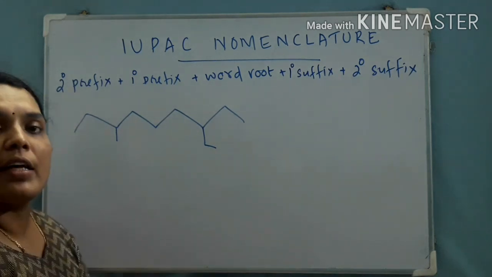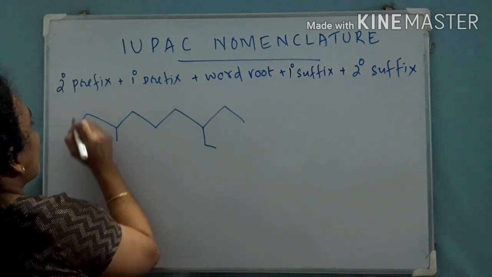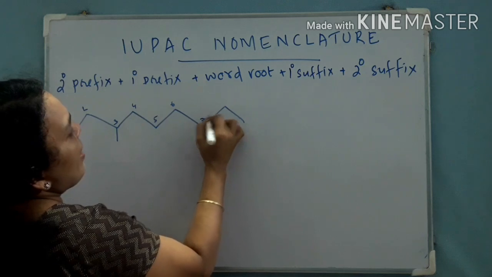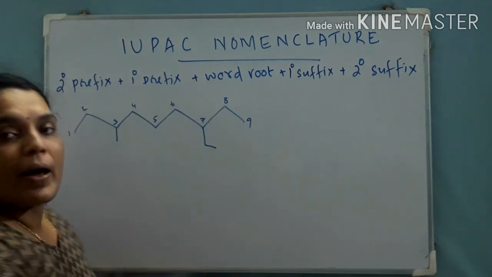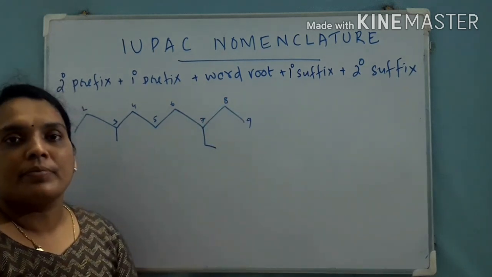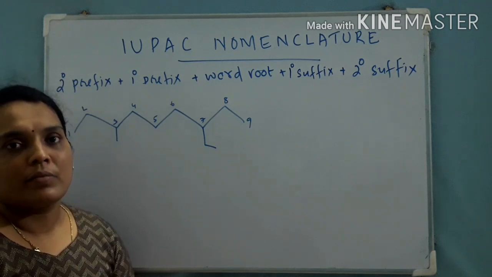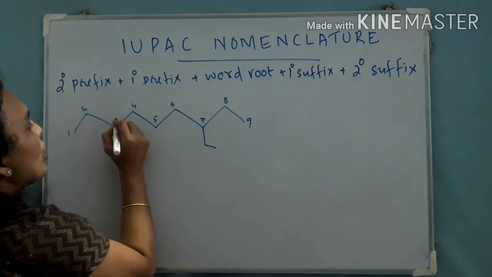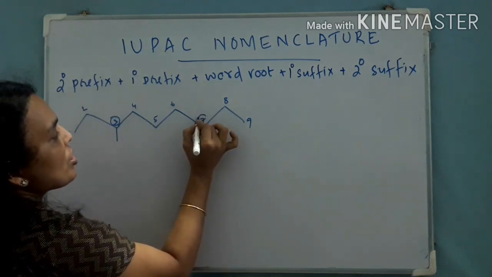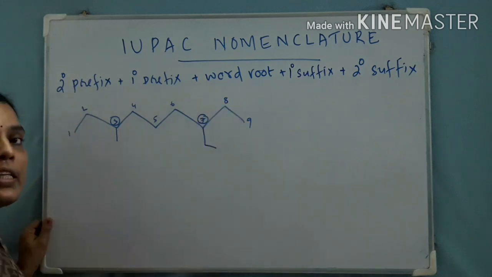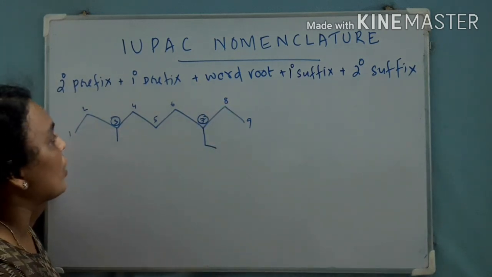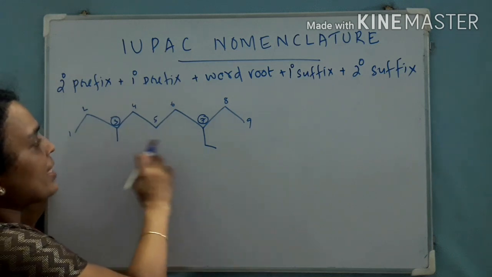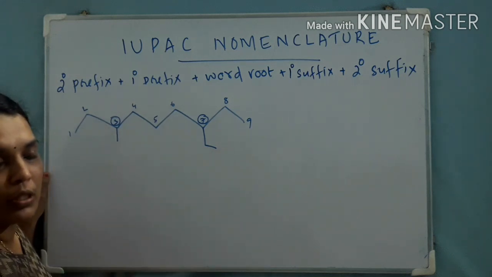Listen. A compound is given. So first of all, let us find the parent chain. That is 1, 2, 3, 4, 5, 6, 7, 8, 9. The parent chain is a 9 carbon system. Now let us see the substituents. There are two substituents present, in third position and seventh position. If we are numbering in this way, we have two substituents, third position and seventh position. One is a methyl substituent and another one is an ethyl substituent.